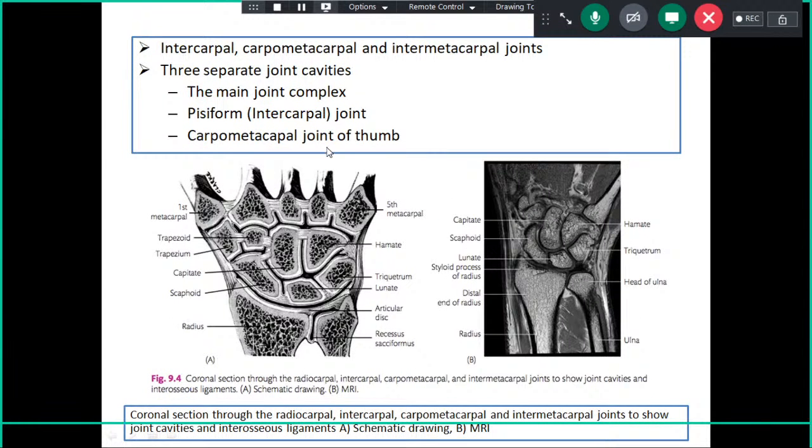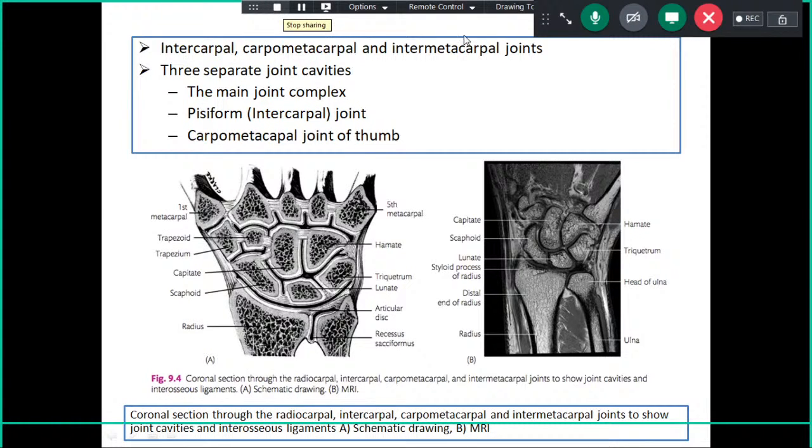As per Cunningham's, it is beautifully described if you read, that the intercarpal, the carpometacarpal and the intermetacarpal joints, just try to position these joints.